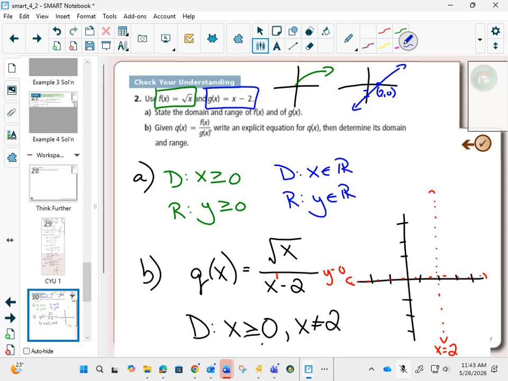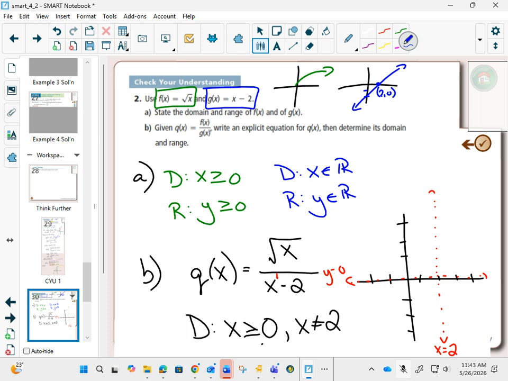Anytime you have an equation of something, it has an equal sign, because that's what an equation is. If we're listing a non-permissible value, something it can't equal, then we put the line through. Okay.